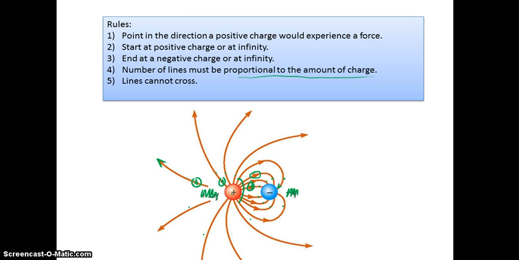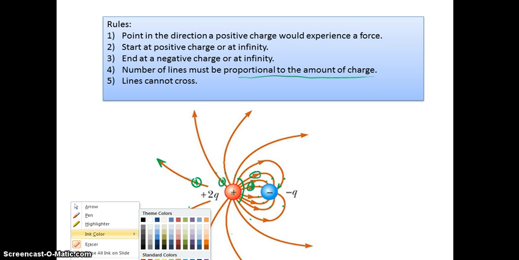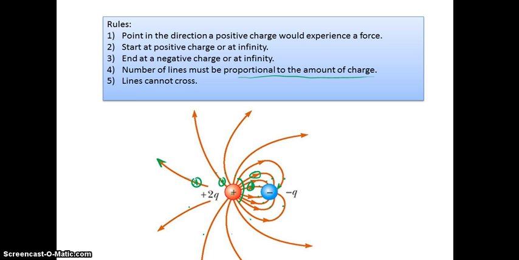So this could tell me, well, I have 16 lines coming out of my positive charge, 8 lines coming out of my negative charge. So it must have twice the charge. This positive charge must be twice that of the negative. So it tells us something about the strength of the charge.